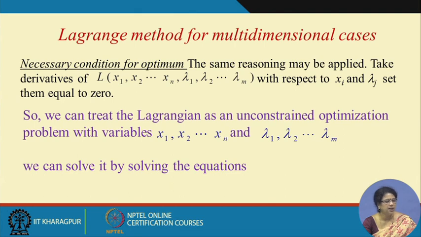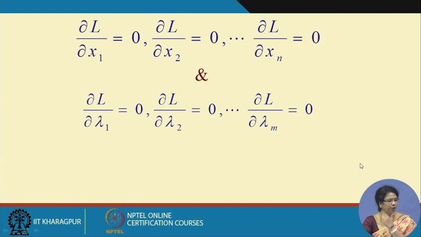How many equations will we get? We will get m plus n equations and m plus n variables. From there we can find the solution, easily or in a very complicated way, but at least we will get a solution. That is fine. These are the necessary conditions.